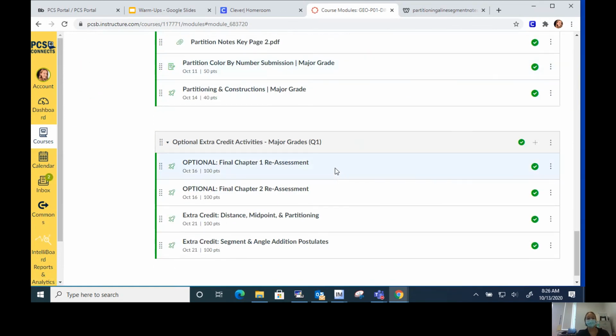Now, if you have already done your partition and constructions major grade, because I actually assigned it on Friday, that's fantastic. You have the option of completing an optional extra credit assignment, which I hope you choose to do. There are 4 extra credit assignments down there for you guys. If you need to retake your Chapter 1 or Chapter 2 test, both of those are down there for you.